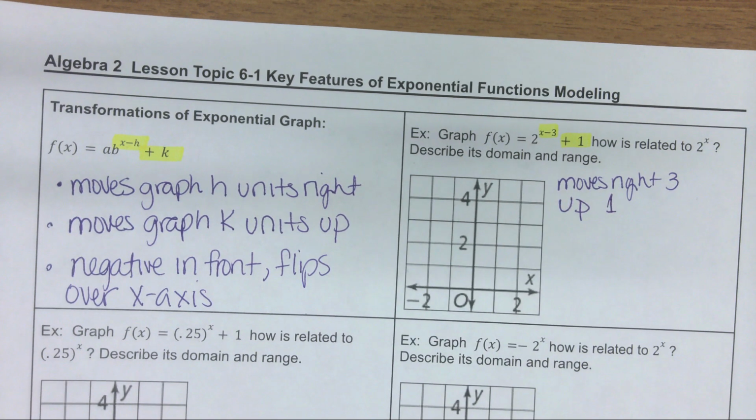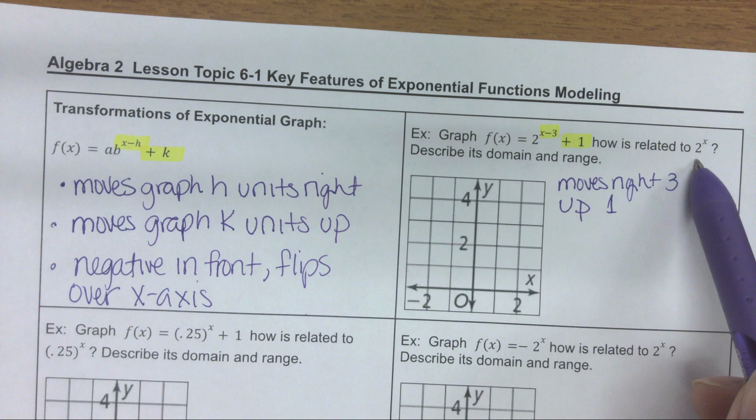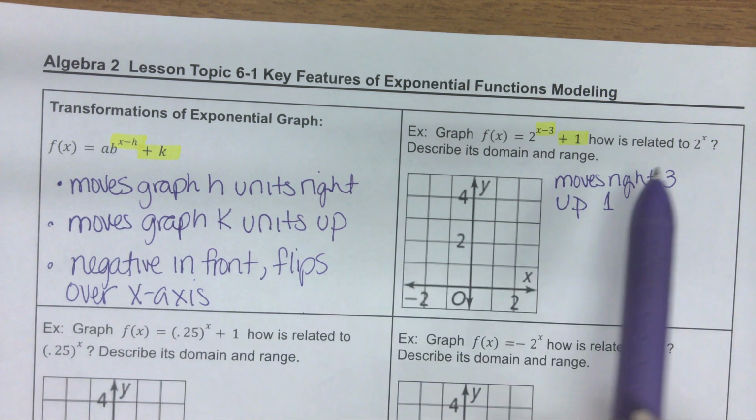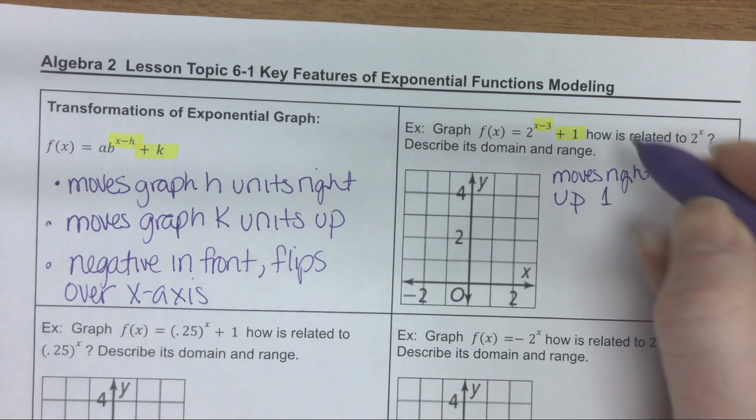How I would like to handle that is to sketch a graph of 2 to the x, because that's going to be way easier to table. And then what we're literally going to do is shift our points right 3 and up 1. So let's first graph 2 to the x.